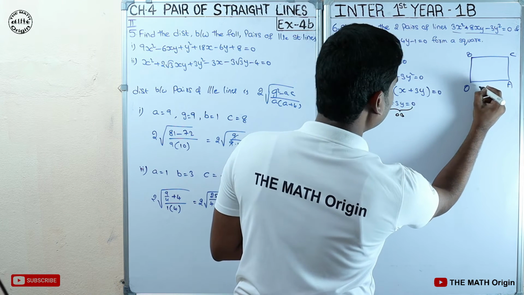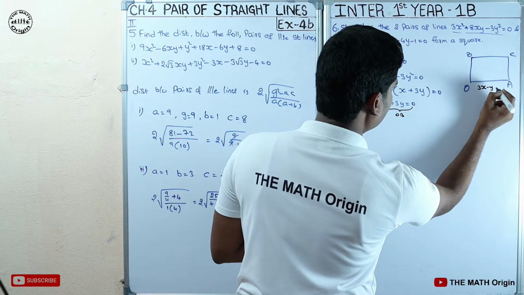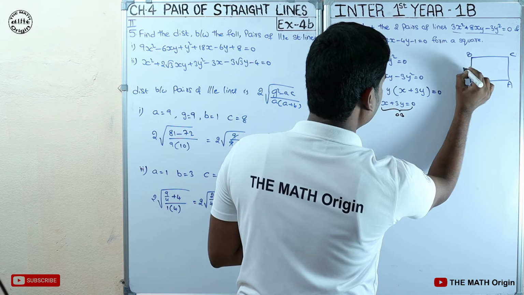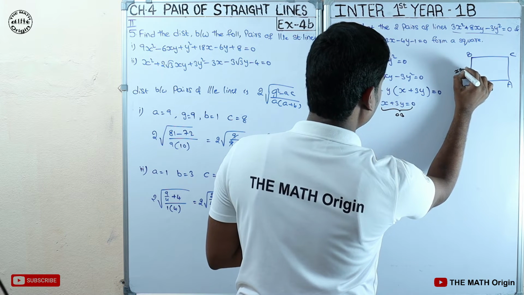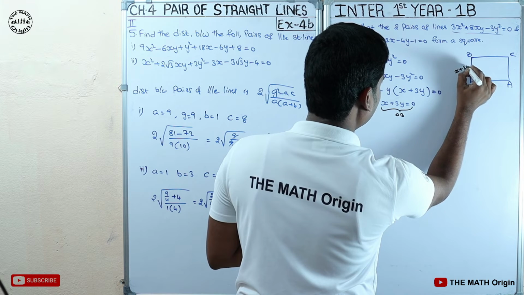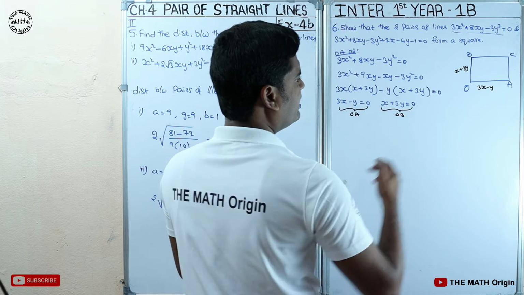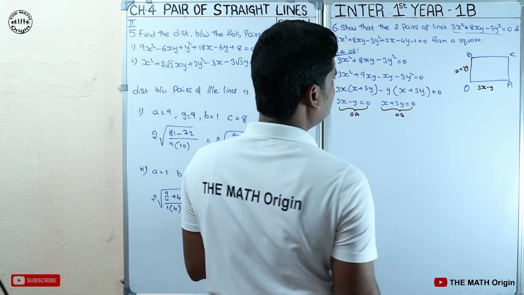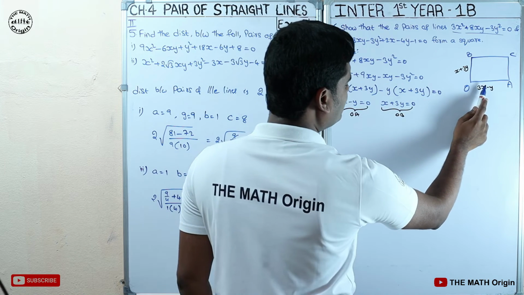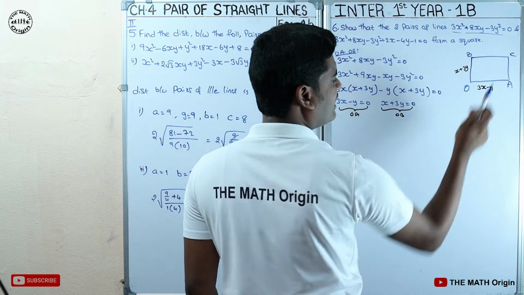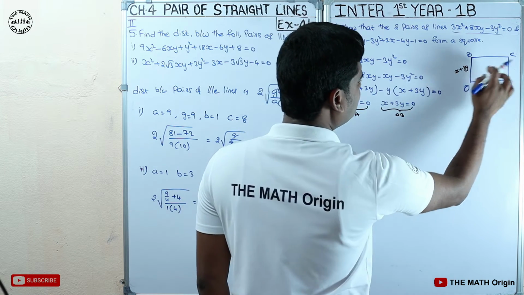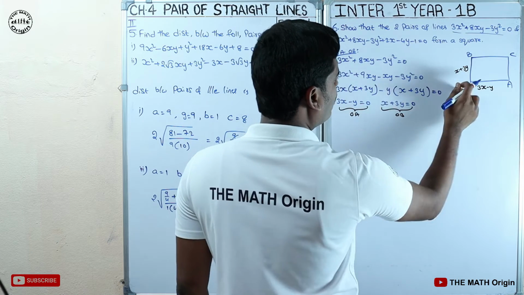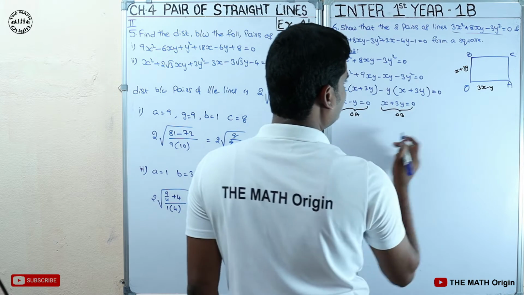OA equation is 3x minus y and the OB equation is x plus 3y. Now we need to find the AC equation and the BC equation. If you see, this equation is parallel to the other equation and this equation is parallel to the other equation. So OB equation is parallel to AC equation.